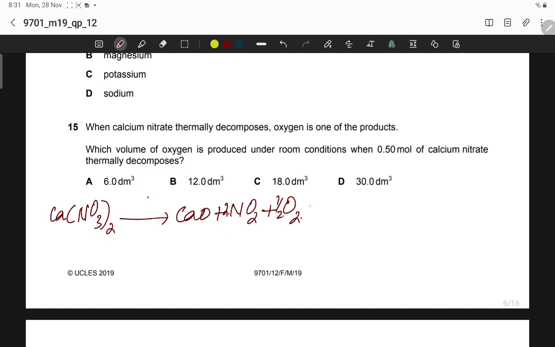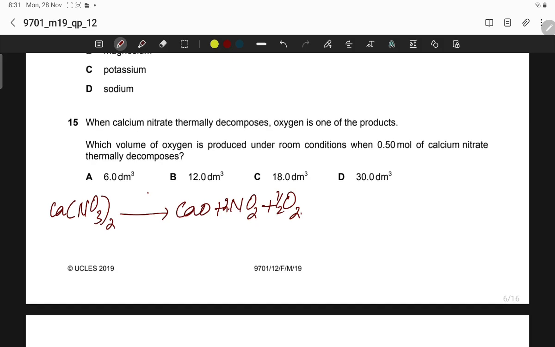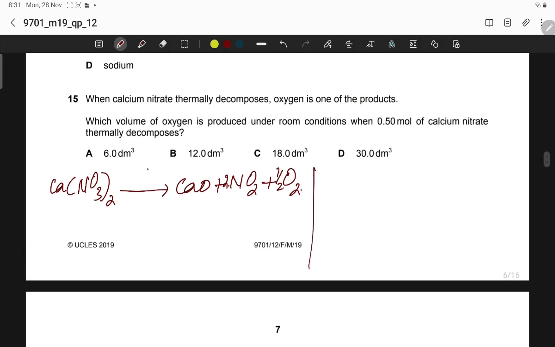So by using the mole ratio, calcium nitrate to oxygen gas, 1 ratio 1/2 from the chemical equation, 0.50 ratio x.